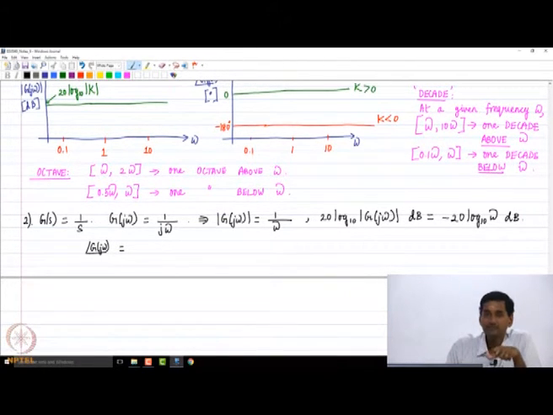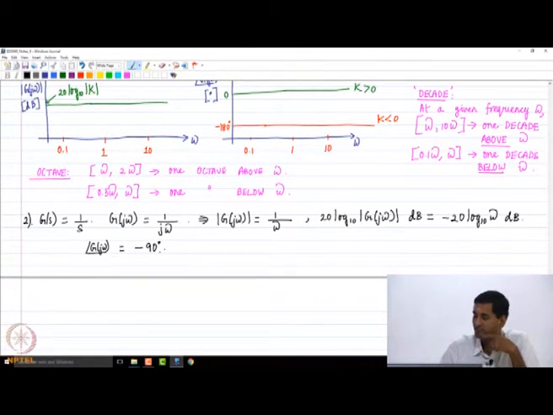Phase is once again going to be the algebraic sum of the numerator and the denominator factors. Numerator is 1, the phase is 0 degrees; denominator is j omega, the phase is 90 degrees. So the phase of 1 by j omega is going to be minus 90 degrees. Do you agree?